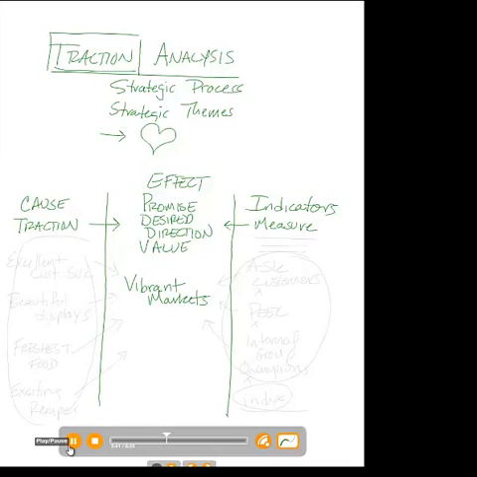So we're basically saying to our consumers and our owners and our community, we promise you that you will have vibrant markets. Well, what are some of the things that might give us traction toward creating vibrant markets? So you say to the deli manager, what are some things inside the deli operation that might lead to what we would call a vibrant market?